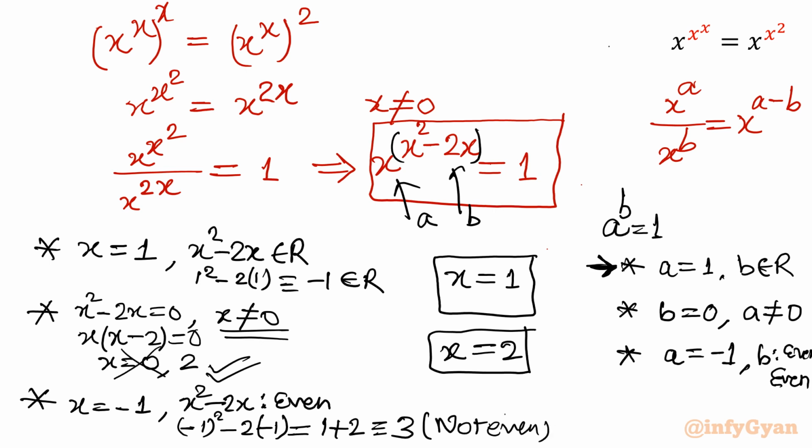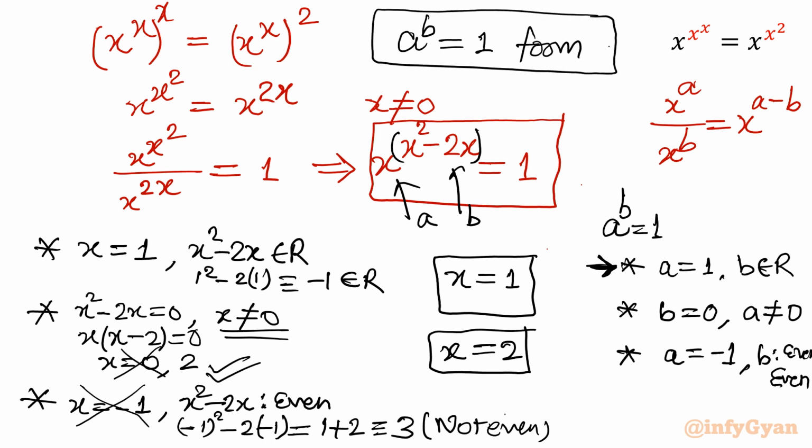Hence, we will reject the x equal to minus 1 solution. So by this method, this form is called the a power b equal to 1 form. By this method also, x equal to 1 and 2 are the solutions of the exponential equation.